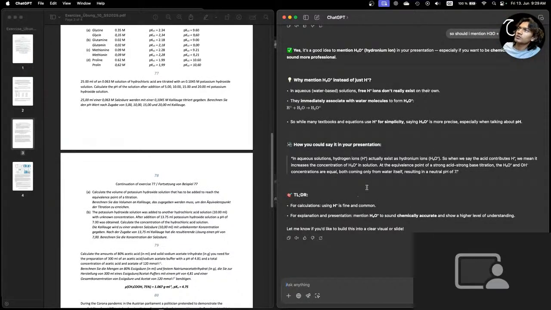In aqueous solution, hydrogen ions actually exist as hydronium ions. So when we say the acid contributes H plus, we mean it increased the concentration of H3O plus in the solution. At equivalence point of a strong acid-base titration, H3O plus and OH minus concentrations are equal, both coming from water itself, resulting in a pH of 7.